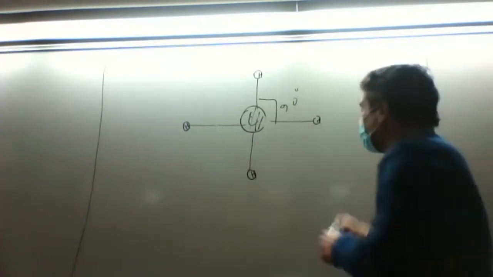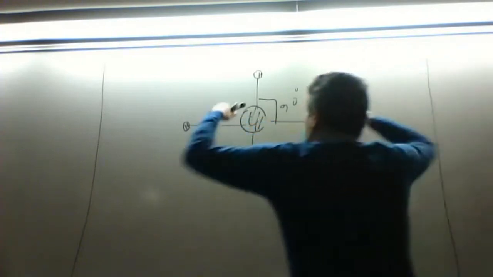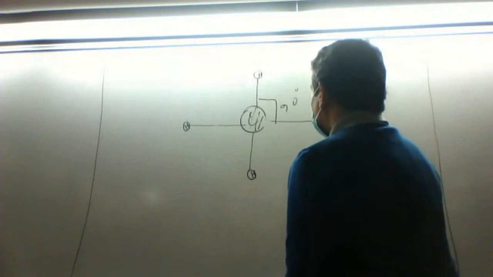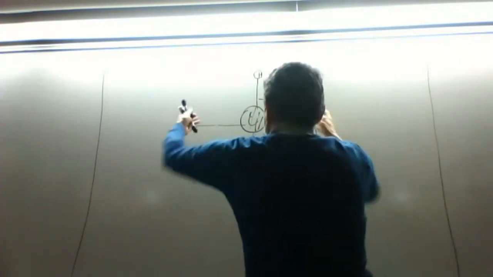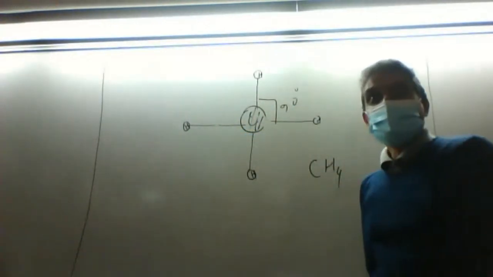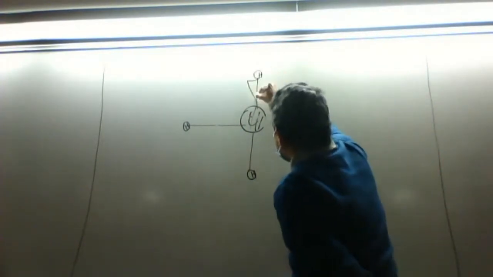So if you look at the CH4, it looks like this. These are going away from the board, and these two are coming toward me, like arms extending toward me, right? And then this one and this one are going away from the board. So how they write it is, to go away from the board, something like this.